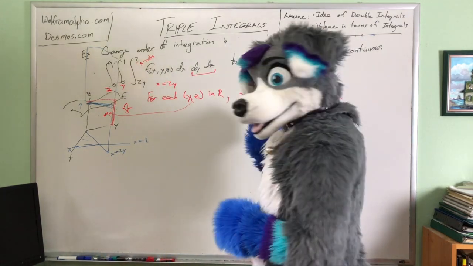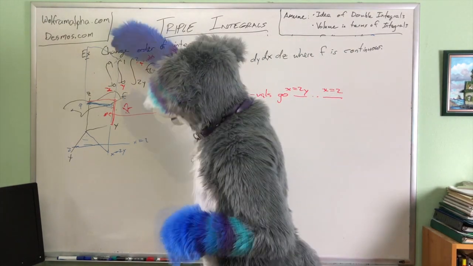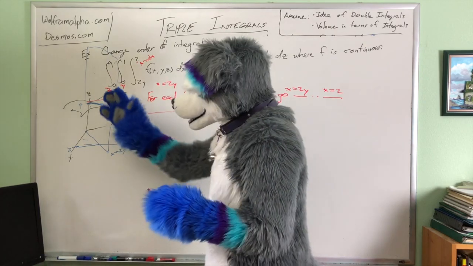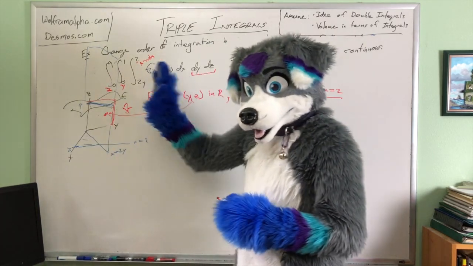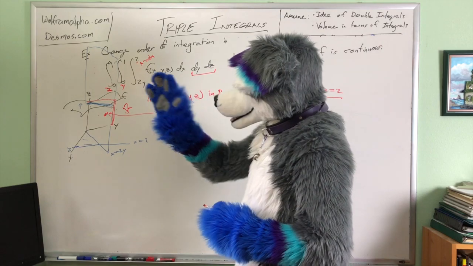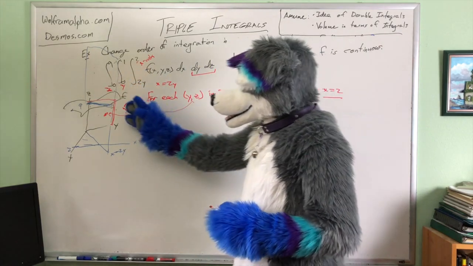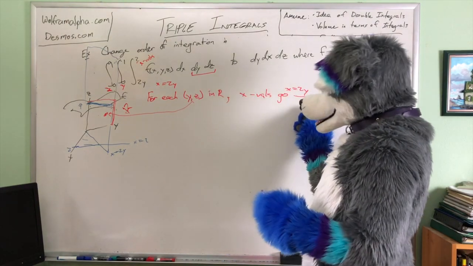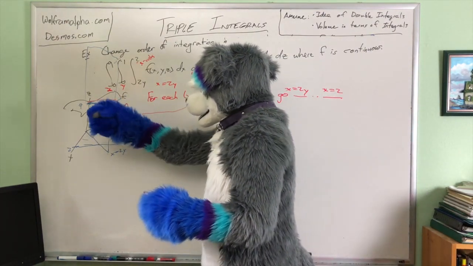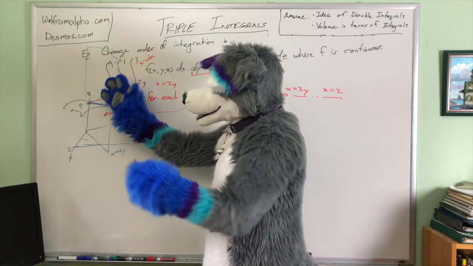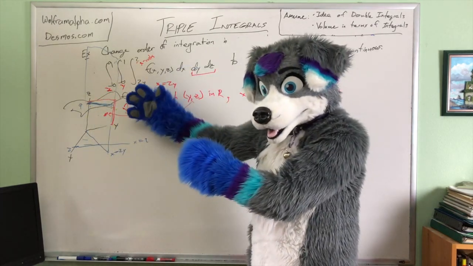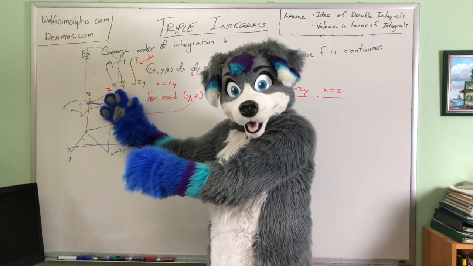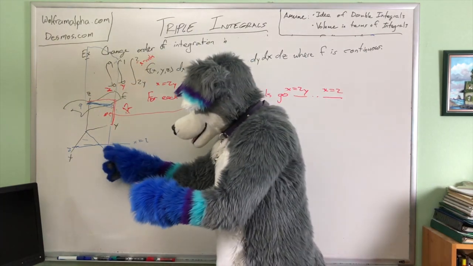And the X values are going from this blue, the x equals 2y plane. Just think of it like a wall coming out here, kind of diagonal. And the x values are going from the wall to the wall that is x equals 2, right? So it's coming from, not from the YZ plane, but from the x equals 2y wall, out to x equals 2.